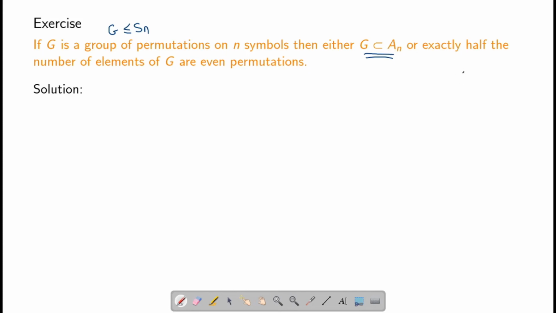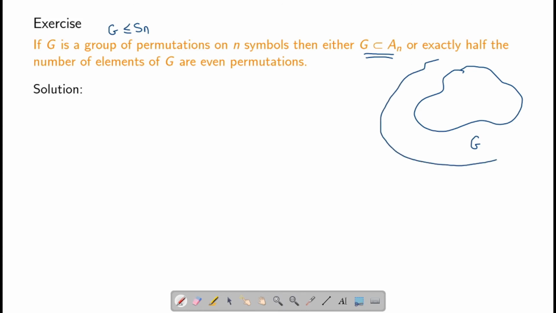That means if you have a group G that is a subgroup of S_n, you have your S_n here. We know that A_n contains exactly half the number of elements in S_n. So there is exactly half of it that is A_n, and half of it is not A_n.